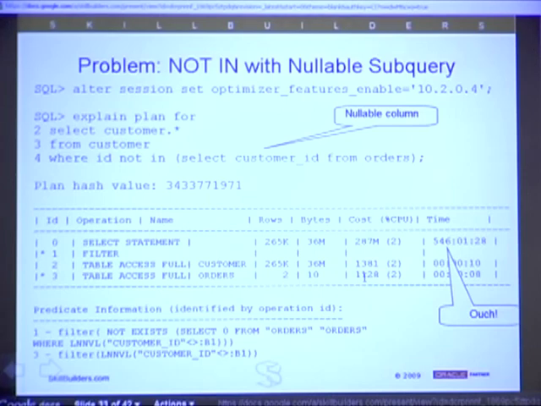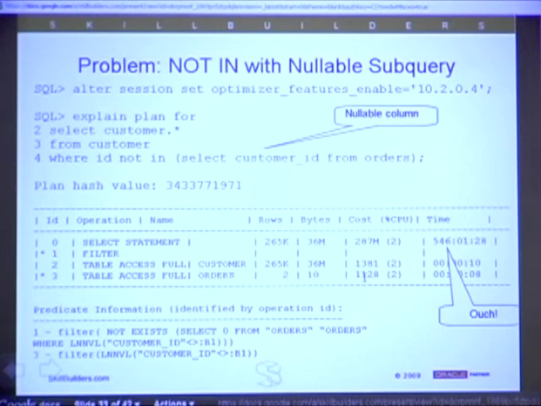In 10g, you can see I set optimizer_features_enable to 10g. If the subquery is nullable, the customer ID in my example is nullable, it essentially does a Cartesian join between the 2 tables and tests every row to see if there's a match, or in this case, not a match.